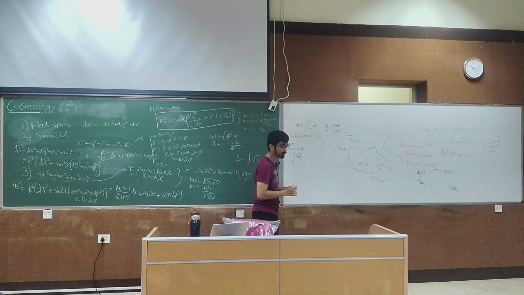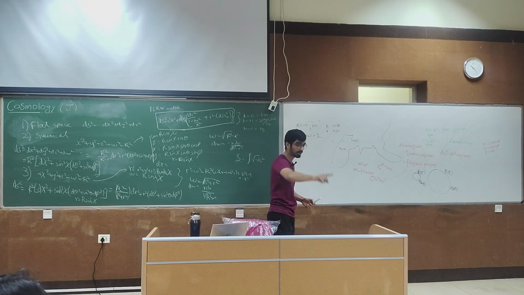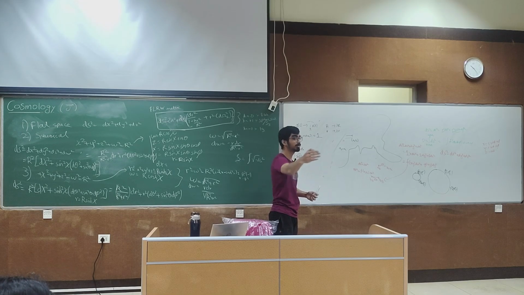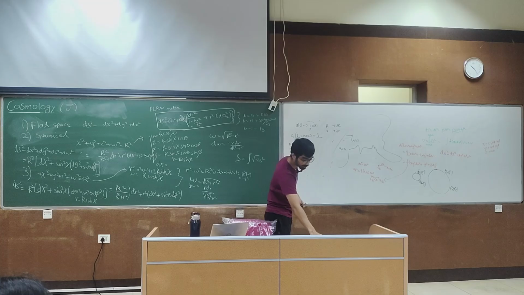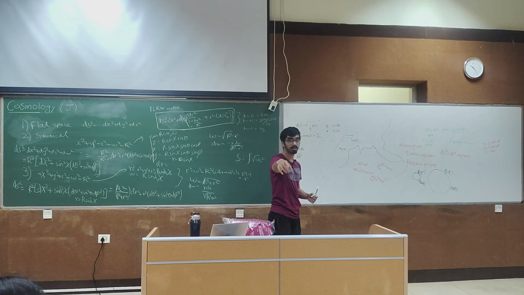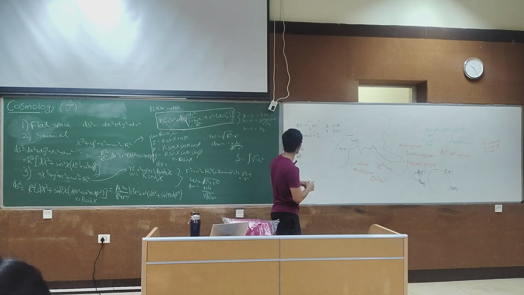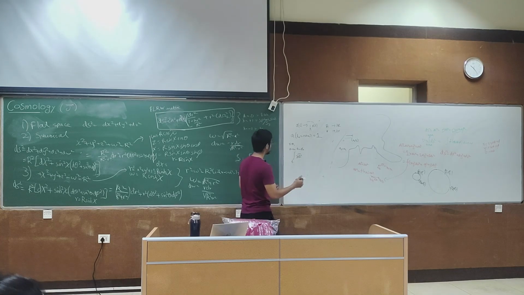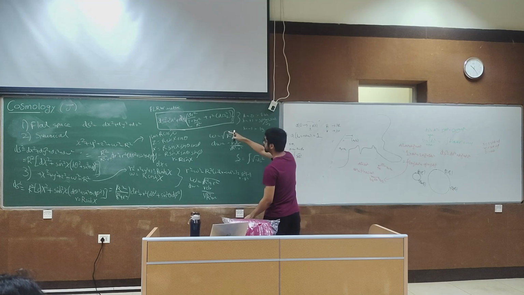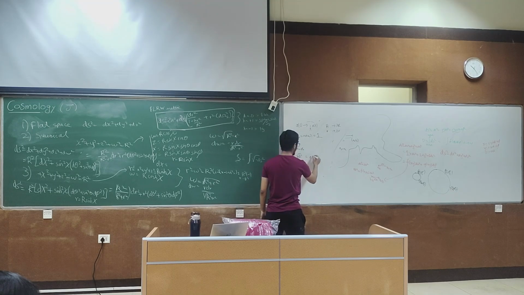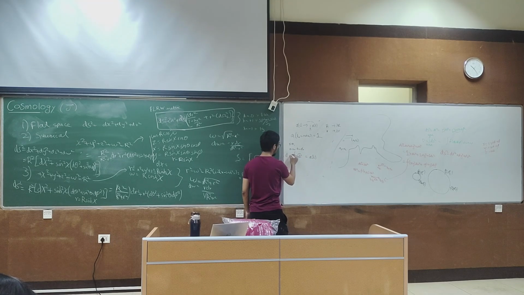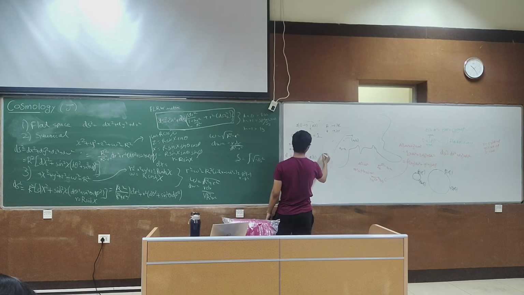Obviously, if I want the distance from this point to this point, I should freeze time and calculate it, because that thing itself might be moving. If I want to calculate the distance from chalk to that mobile, and the chalk is moving, I should first freeze time. So at the same constant time, if you substitute it, the distance d is the integral of dr by the square root of 1 minus k r squared, from 0 to r naught.